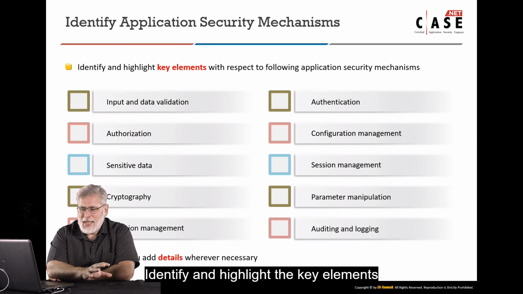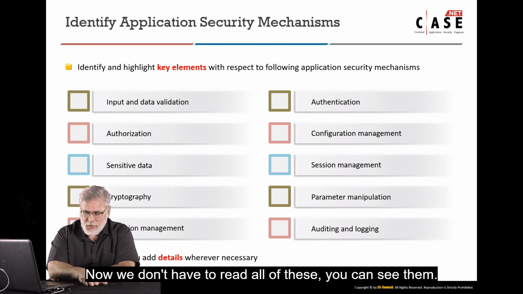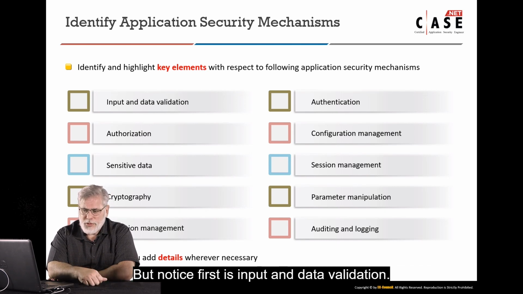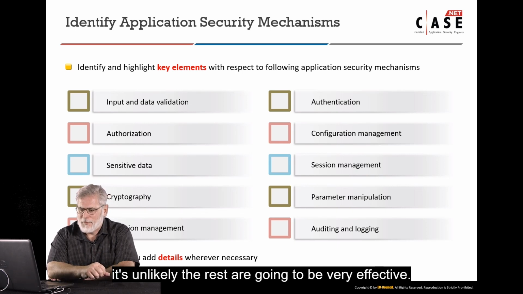Identify and highlight the key elements looking at the following application security mechanisms. Now, we don't have to read all of these, you can see them, but notice first is input and data validation. That's always such a fundamental issue that if you haven't accomplished that, it's unlikely the rest are going to be very effective.